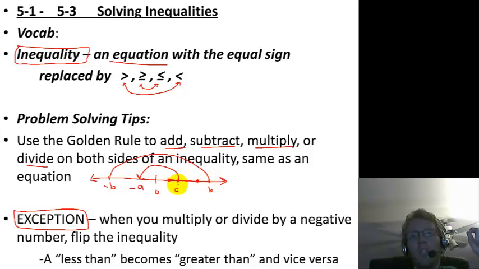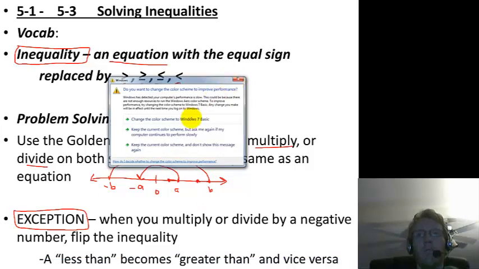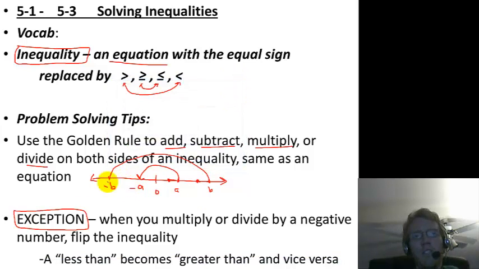So because we switched both a and b to be negative, a is now bigger than b, whereas before b was bigger than a. That's why you have to change the inequality sign. When you multiply or divide, you're changing from positive to negative, and a small negative number is still bigger than a big negative number. If that was confusing, you could think of it as a memorized thing, but for myself, instead of memorizing, I like to understand why it makes sense.